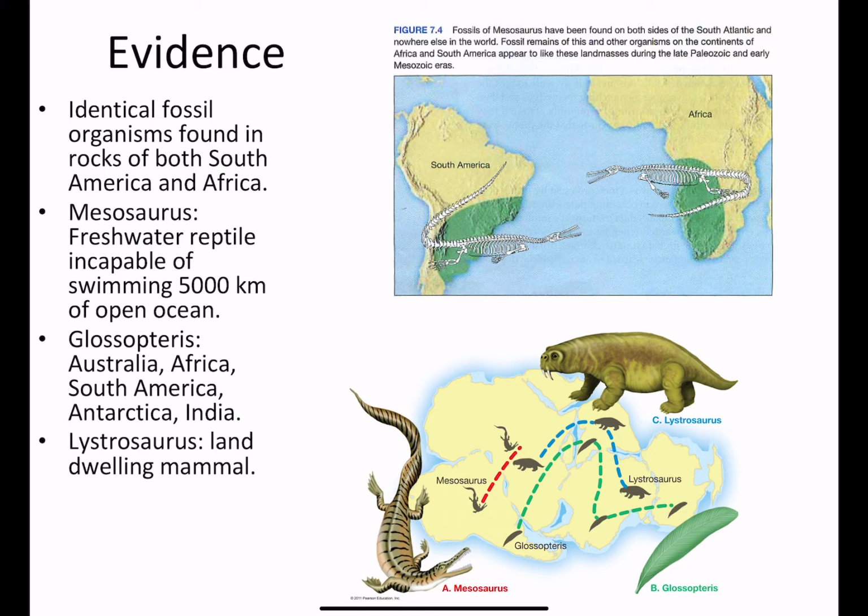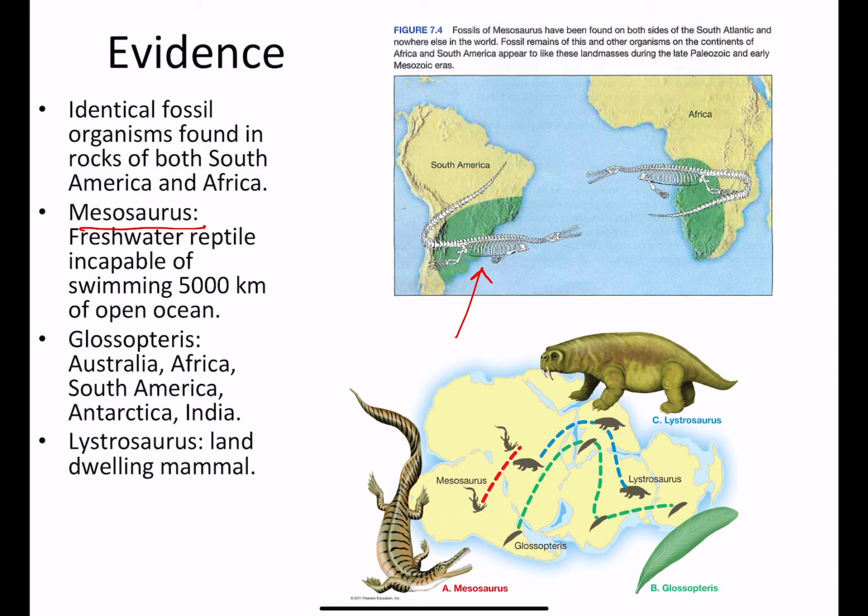I'll give you three examples of that. One of them is Mesosaurus, a crocodile-like freshwater reptile. So it cannot swim in the ocean.